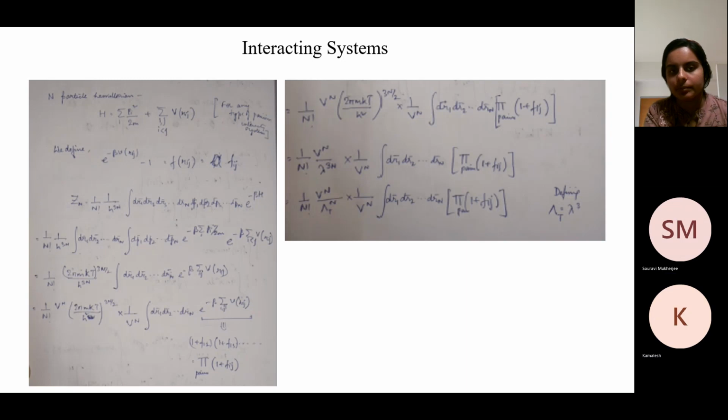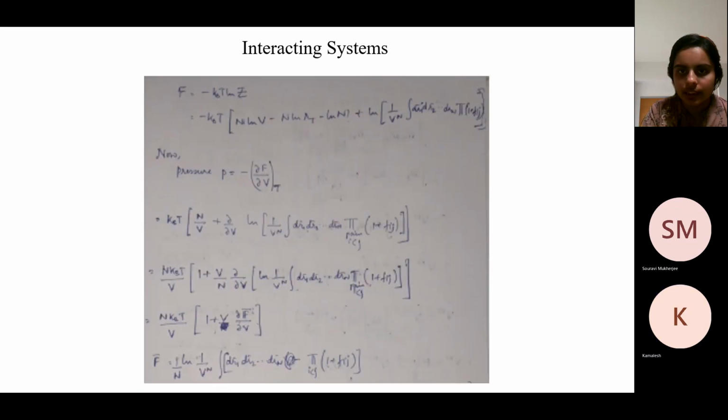Because you are integrating over the entire space, ultimately the integration ranges from r equal to 0 to infinity. Now, given the interaction potential that you have, at different values of r, you can have different values of v.